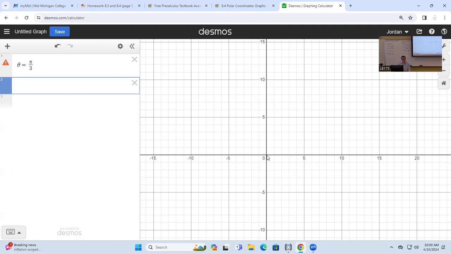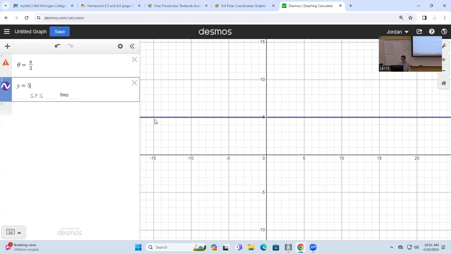So it's kind of like when we have x equals a number or y equals a number, and you end up saying, well, what's the other one? Let's say I had y equals 5. I graph that, and every point which has a y value of 5 is graphed. Now for this one, technology doesn't treat it very well.